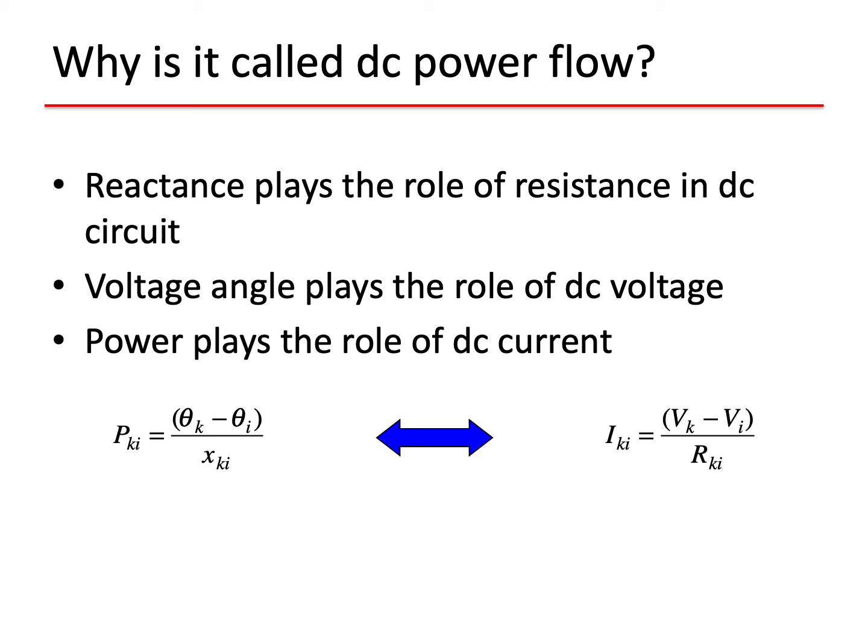And the power in the AC network plays the role of a DC current. So when we write p_ki equals (theta k minus theta i) divided by x_ki, it is very similar to writing that I_ki, the current between nodes k and i, equals V_k minus V_i, the difference in DC voltages between nodes k and i, divided by the resistance of the branch between nodes k and i.